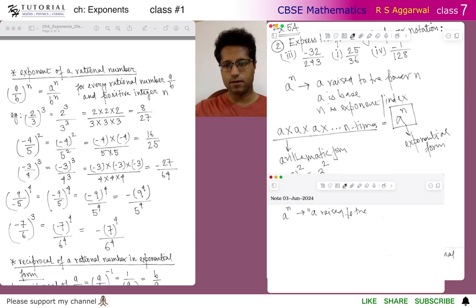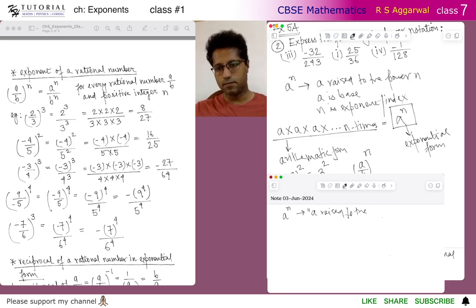So we are saying here that a by b is a rational number that has been raised to some power n, where n is a positive integer.